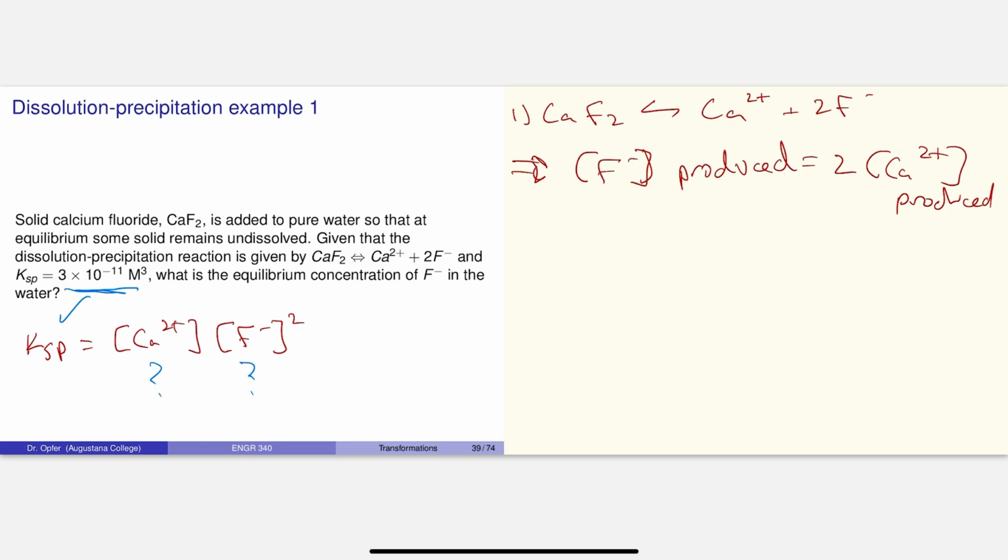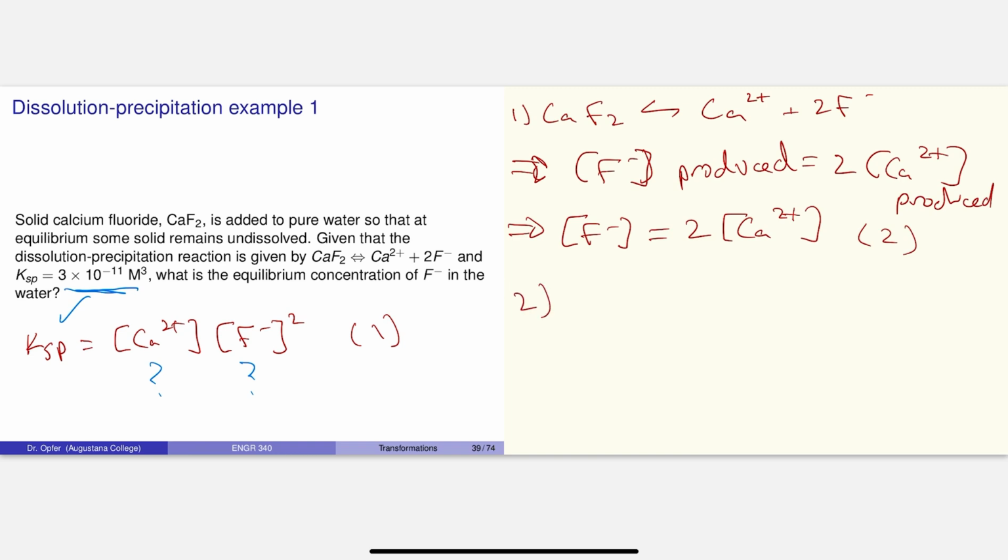Since we start with 0 of both, the change in concentration is equal to the final concentration, because it's 0 plus whatever equals whatever. This gives us a relationship: our fluorine ion concentration is equal to 2 times our calcium ion concentration. So we have one equation here and a second equation here, which means we can solve this.